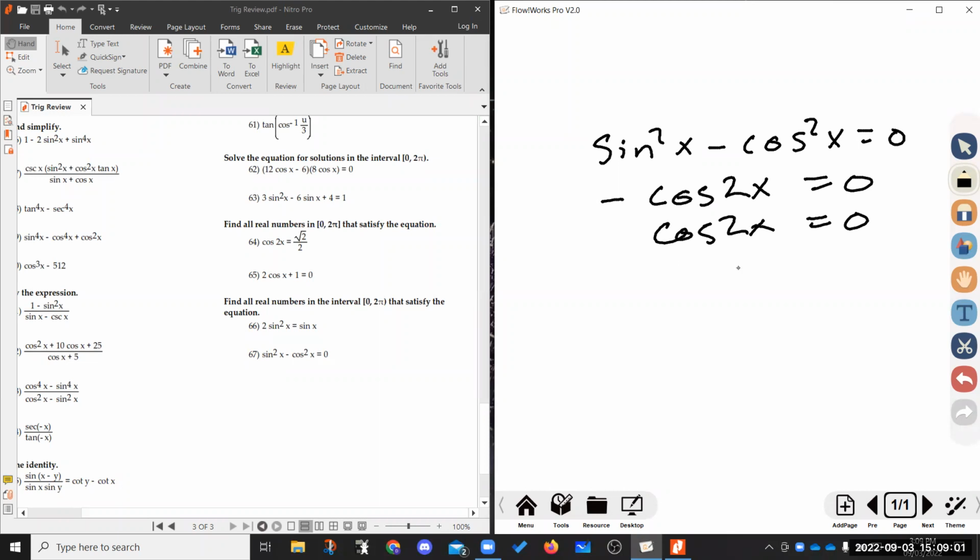So 2x is going to be equal to, let's see, zeros of cosine happen at pi/2, 3 pi/2, then 5 pi/2 and 7 pi/2.